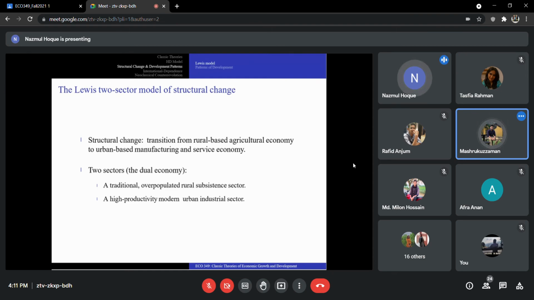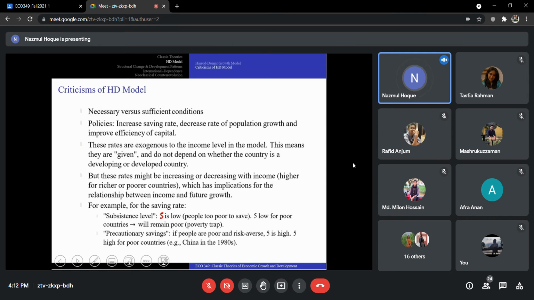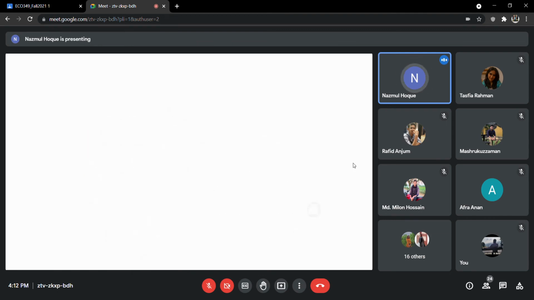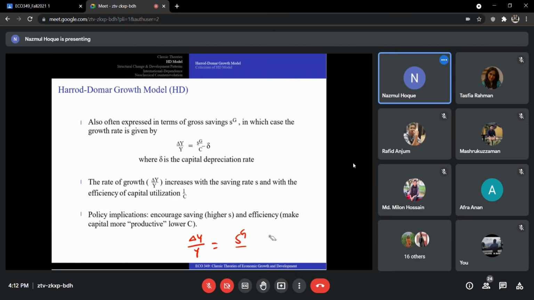Yeah, if you think about it, if we go back to the Harrod-Domar growth model, this model is saying countries with a higher savings rate will grow at a faster rate. But what if a country is poor?